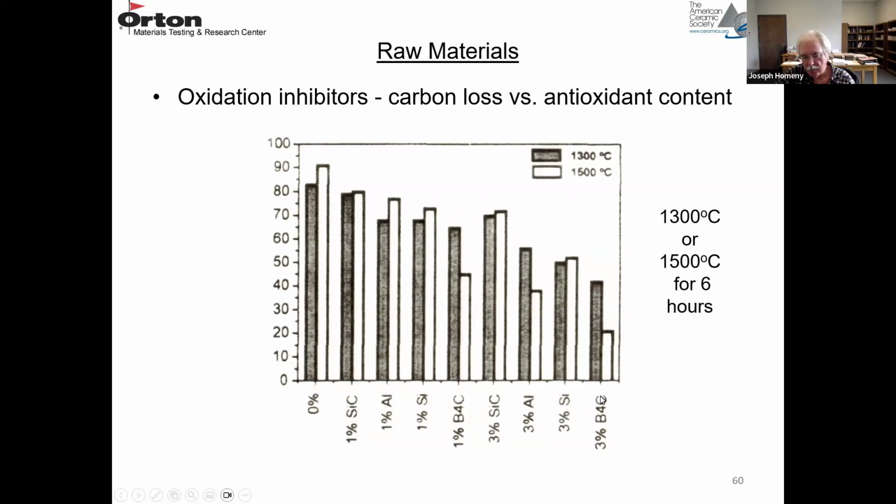And actually, B4C, boron carbide, is the most effective here at 3%. It does form a liquid and it wets the material and it forms a good oxidation barrier, but it also lowers the strength because it is a liquid. So all of these different possible additives, they're all somewhat effective in preventing the carbon from oxidizing.